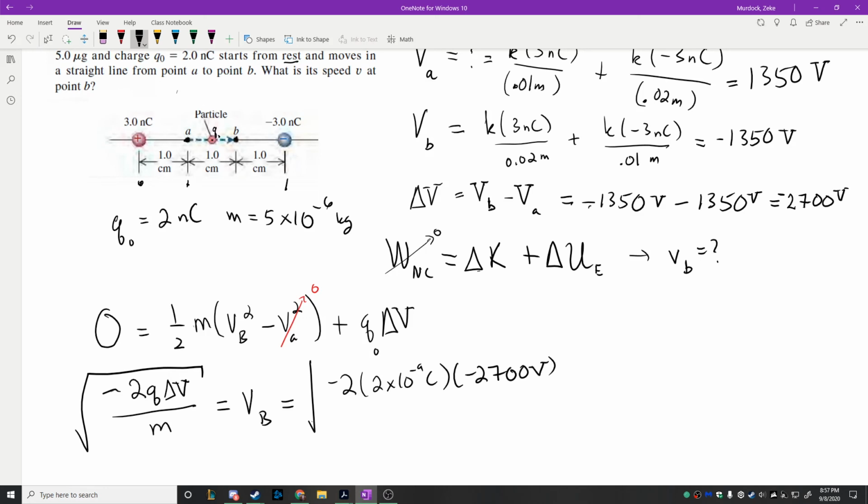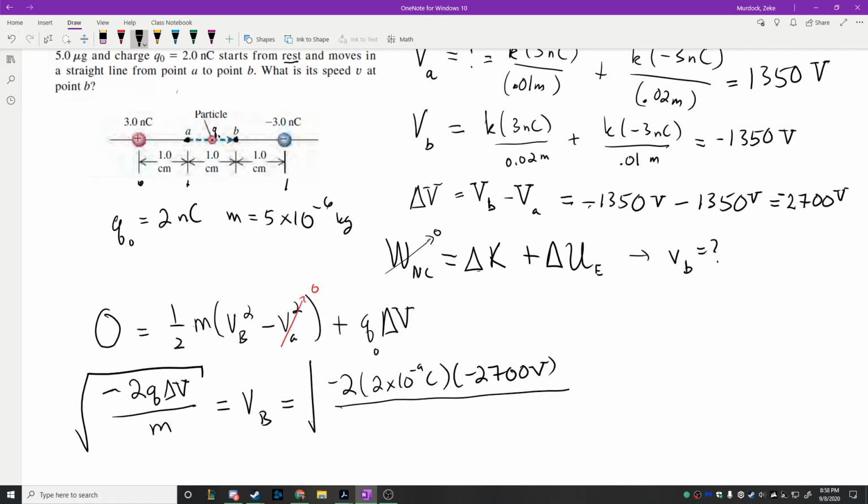By the way, you will almost always have these negative signs show up inside of here, right? And it might kind of look bad to you, because it's like, wow, there's a negative sign inside of a square root. That certainly doesn't work, right? But the fact is that if it's a positively charged particle Q, and delta V is negative, you get a positive sign. If it's a negatively charged particle, and delta V is positive, well, again, you're going to get a positive sign, right? You leave the sign of the charge and the sign of delta V in there, and this quantity, even though it's weird that it's got this negative sign, you're still always going to get a positive number out of it.